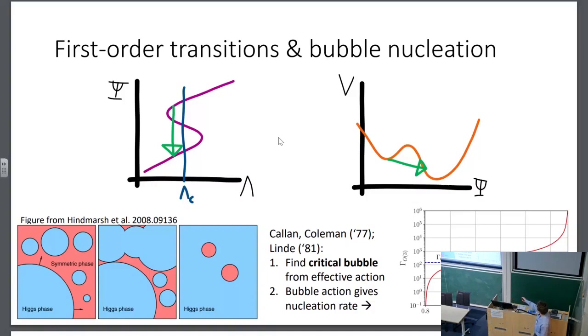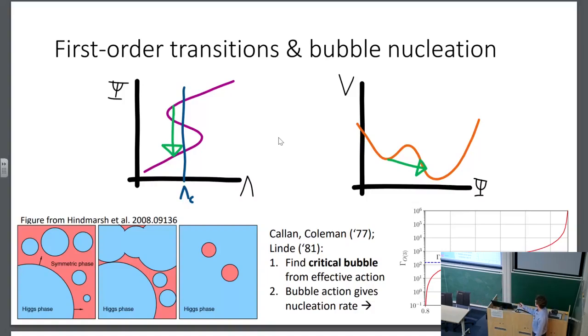In an effective potential point of view, you have several minima here, and at some point you cool down, for example, and at some point here the system wants to get to this other phase, but there is still a barrier, so you have to either tunnel through it using quantum or over it using thermal fluctuations.